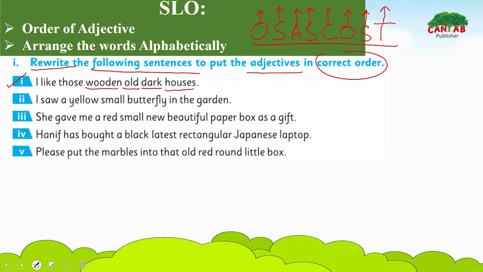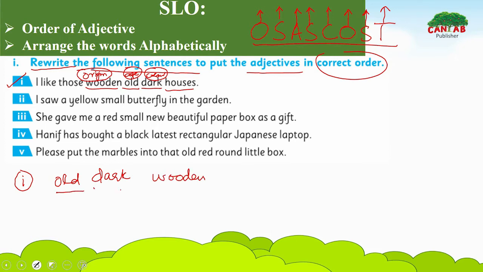So wooden is origin. Adjective of origin. Old is of age. And dark is of color. So what would be the sequence? Old, dark, wooden.